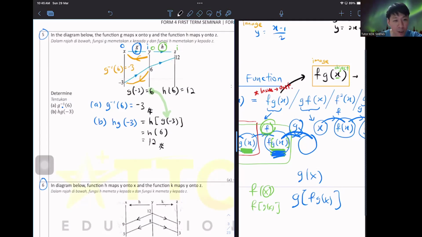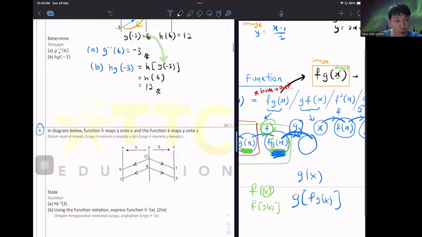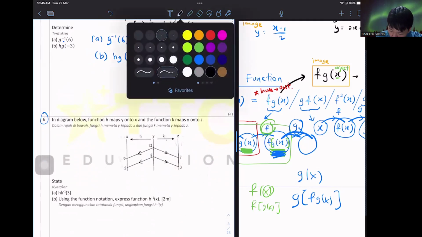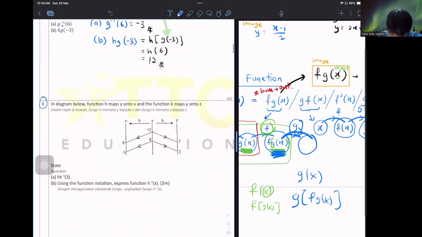Move on, number 6. Oh, another graph here. This time the arrow direction is different, so see carefully. In the diagram below, function h maps y to x. Function k maps y to z. So for h it is right to left, object to image. For k, same.